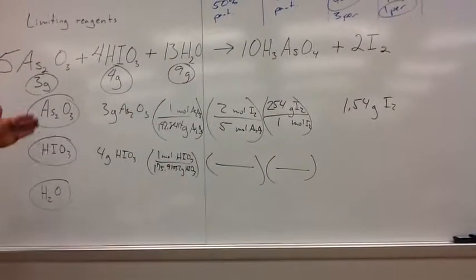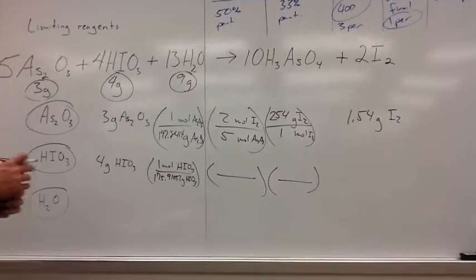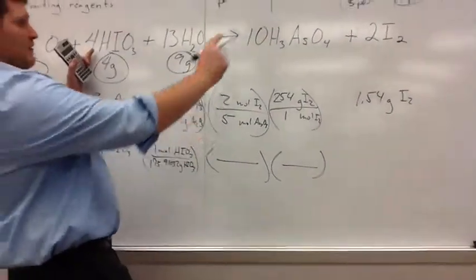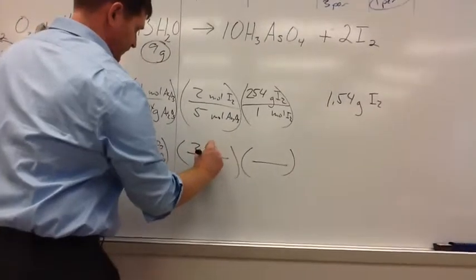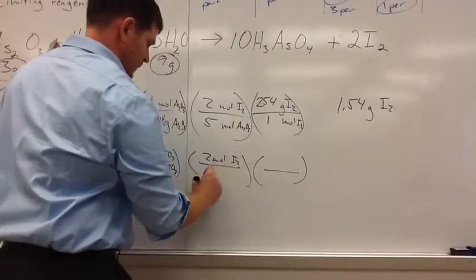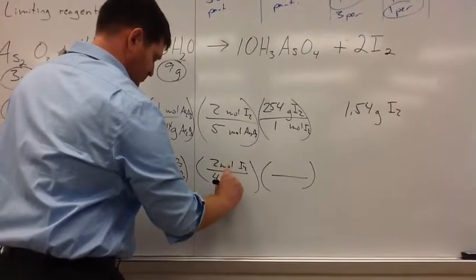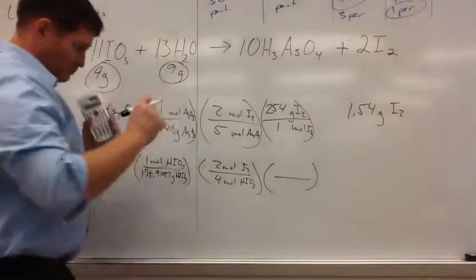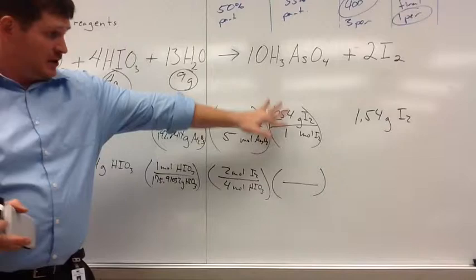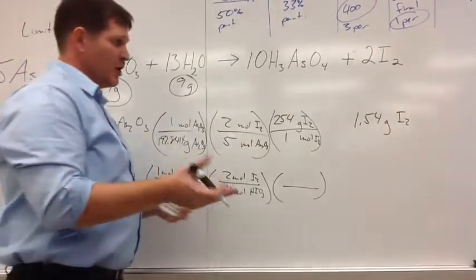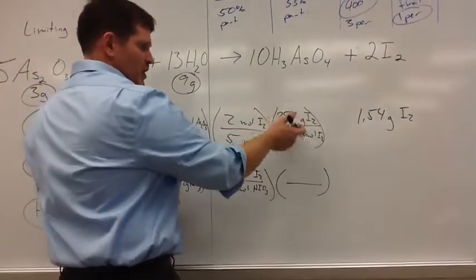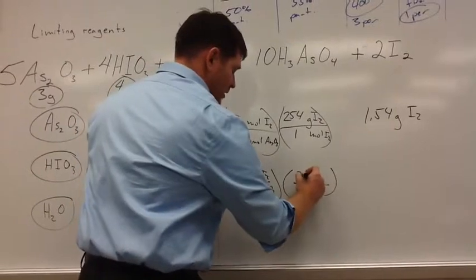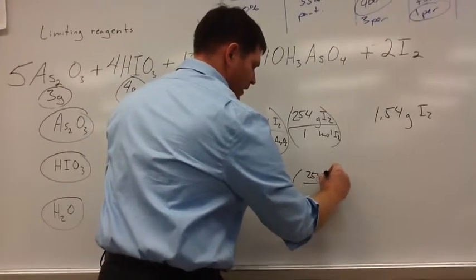Anytime we're switching, we've got to go ahead to the mole ratio step. In this case, it's a 4:2. This last step is going to be identical because we are already in moles of iodine. We know what our mass is over here, so we can use the same thing.